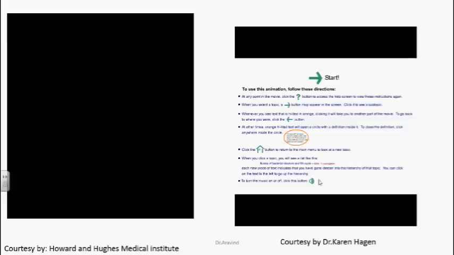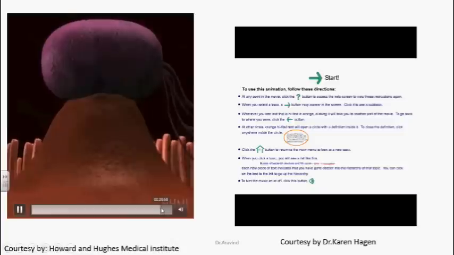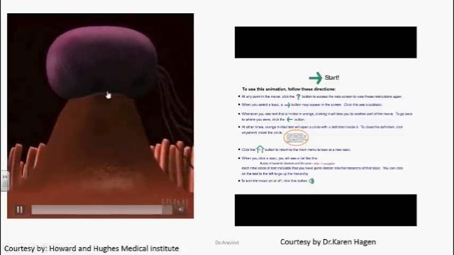Here on the right side we can see one more animation, especially of the left side video that we saw. You can always see the attaching and effacing lesions; I'll show you one more time. This is the attaching and effacing lesion.